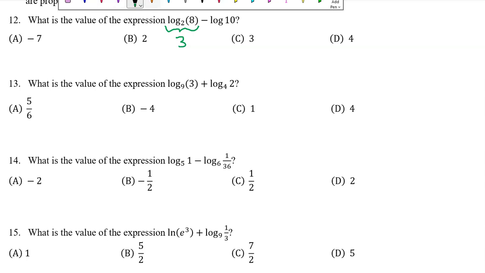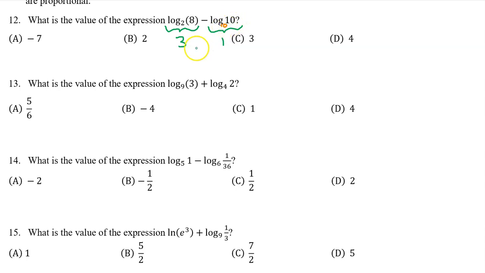We know there is an invisible 10 when you just see a log without a visible base. So this is really the log base 10 of 10. The value of this is going to be 1 because 10 to the 1 power is 10. So really we have 3 minus 1. So the answer is 2, which is B.